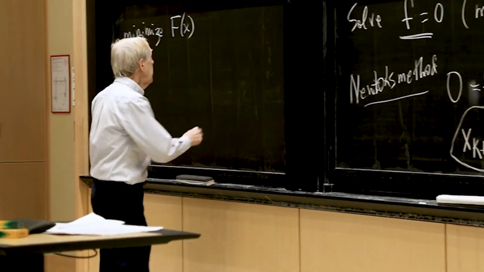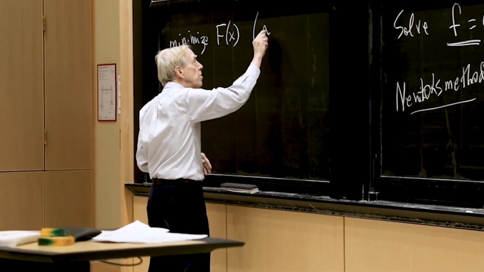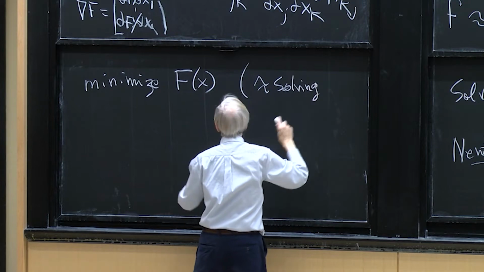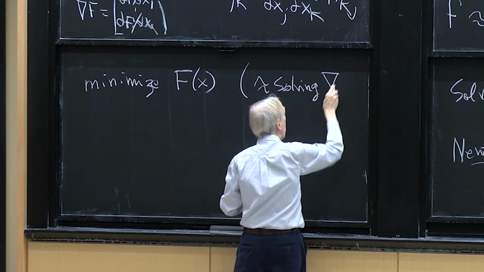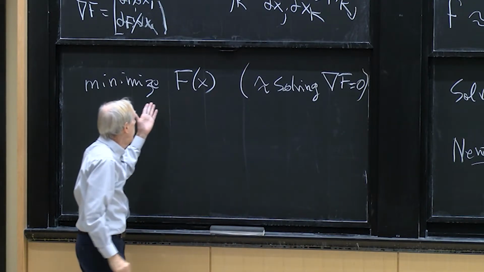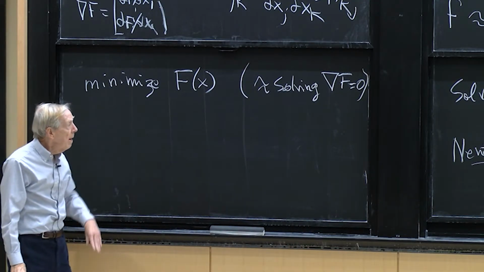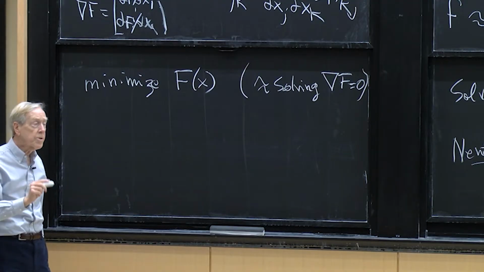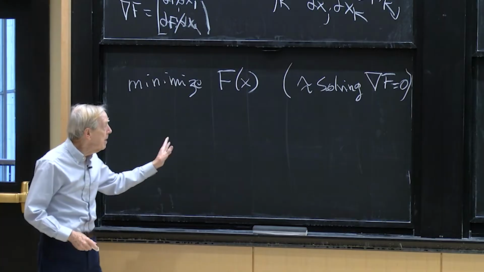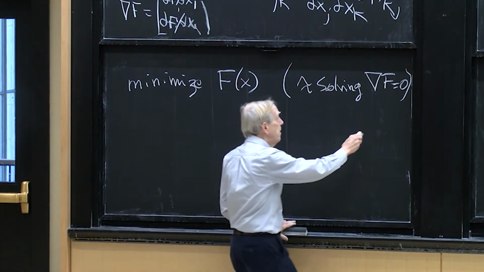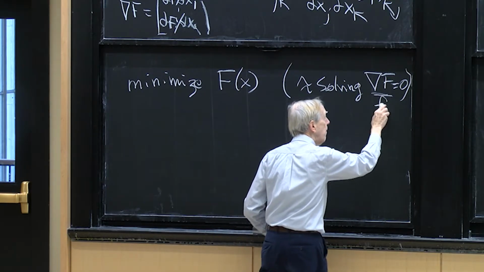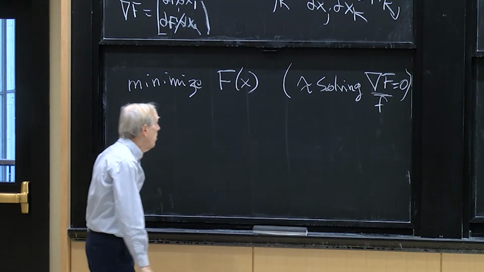Of course, this corresponds to solving the gradient equals 0. At a minimum, if I'm minimizing, I'm finding a point where all the first derivatives are 0. So that'll be the match between these, that this grad f in this picture is the small f in that picture. Okay.